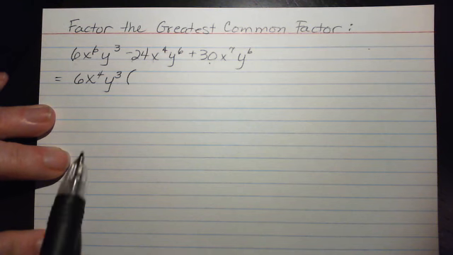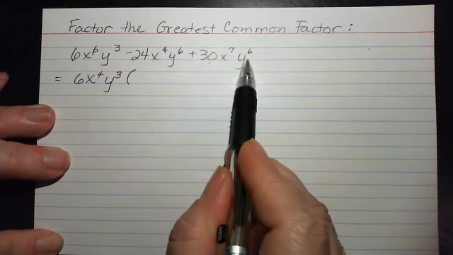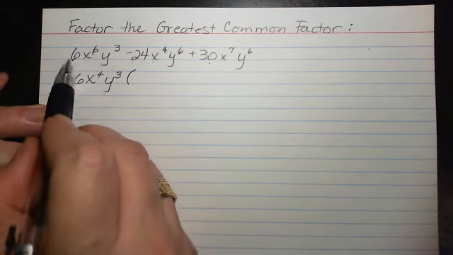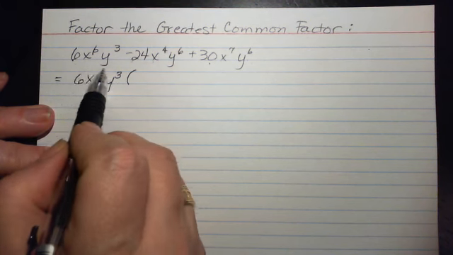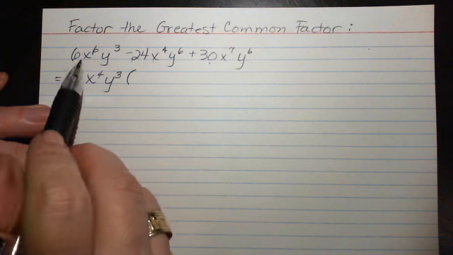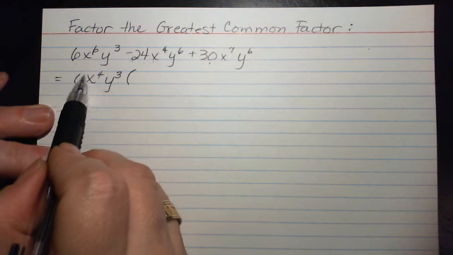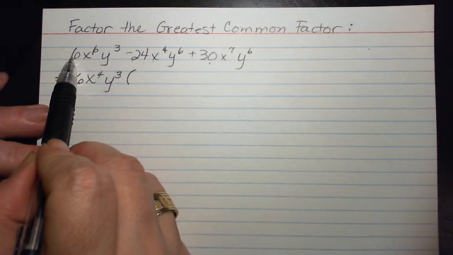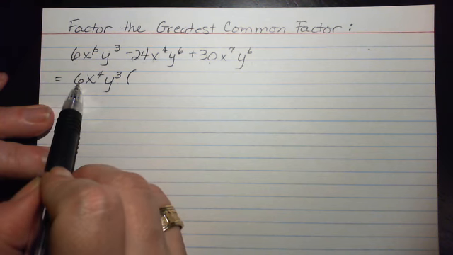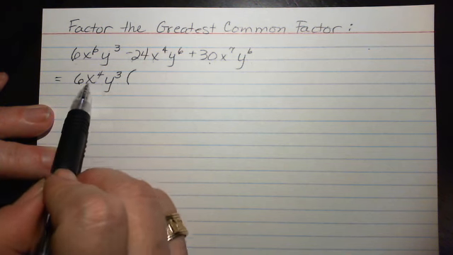So as we rewrite the polynomial, we're going to factor out or divide out this greatest common factor from each term. So when we factor out the 6 from 6, we're left with 1. And 1 would be a coefficient unless it's the only part of our term here.